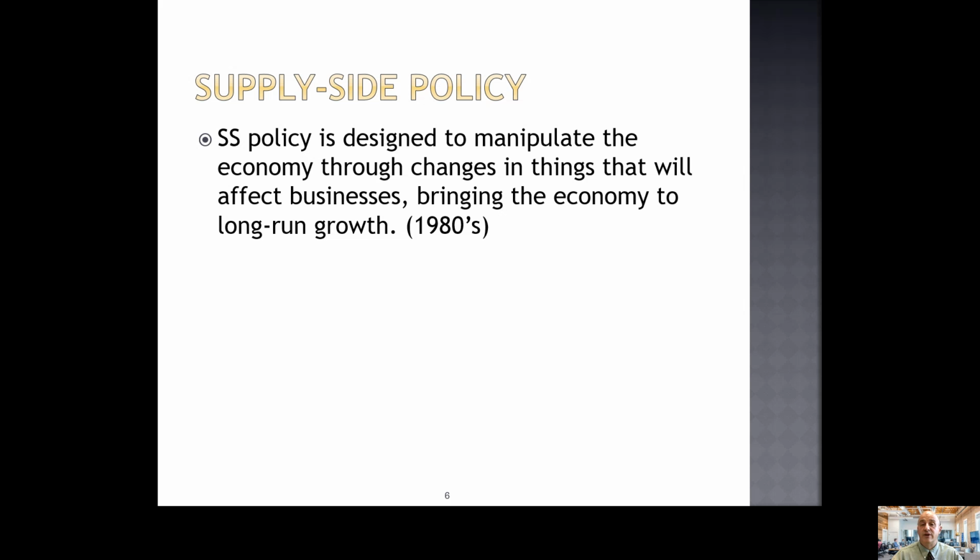And likewise, if we were in an expansion, the government could slow things down by increasing regulations or increasing taxes on businesses, and that would slow the economy down. So supply side essentially shifted the perspective away from the consumers driving the economy and back to the businesses driving the economy.